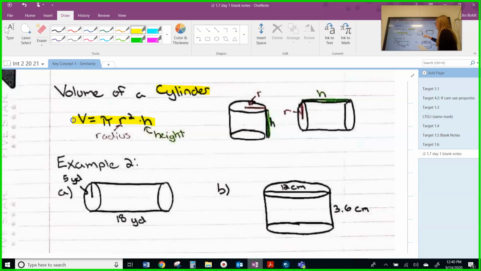One thing I want to point out with these pictures is it doesn't really matter. You can turn your can over. The height is still the length that connects the two circles. We have a circle on top, a circle on bottom. Those are considered our bases, and the length connecting them is our height, whether it got knocked over or not.